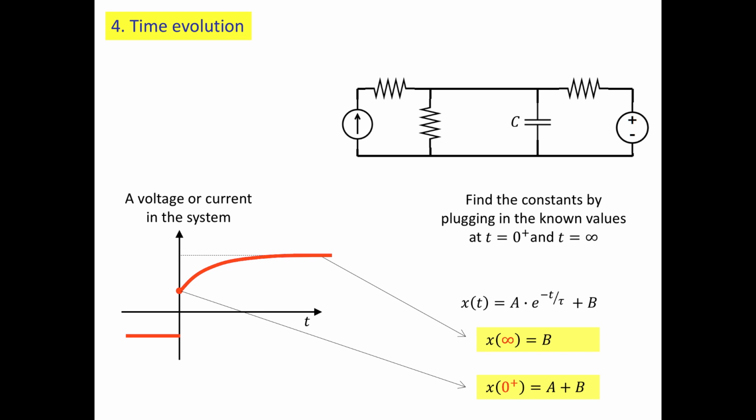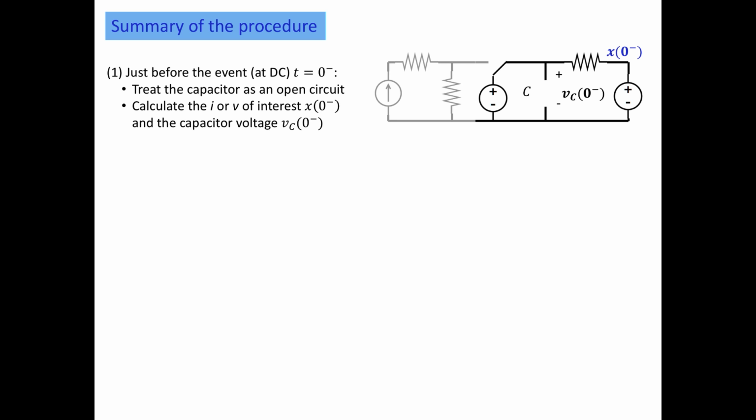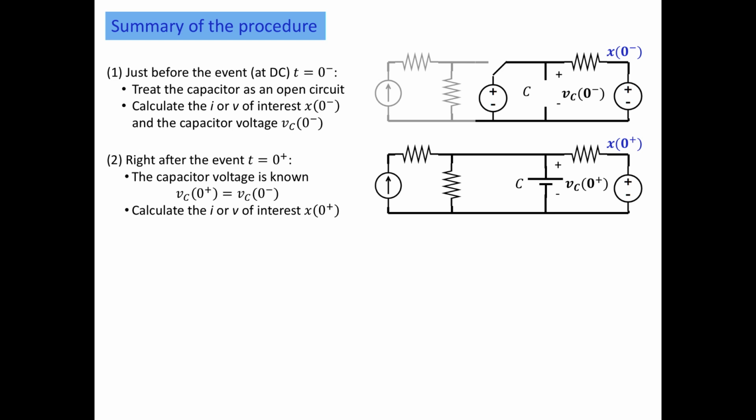in my system. So to summarize, you start off with looking at what does the system look like before the event, and my capacitor can be approximated or simplified to an open circuit. Then you look at right after the event, and in this case I know the capacitor voltage, it's the same as what it was before the event.